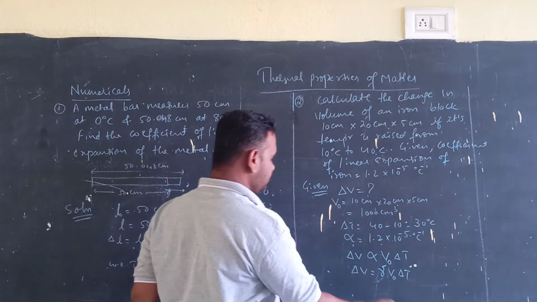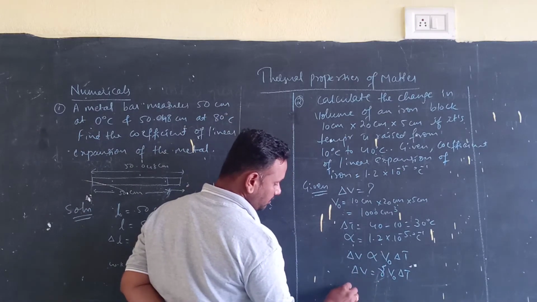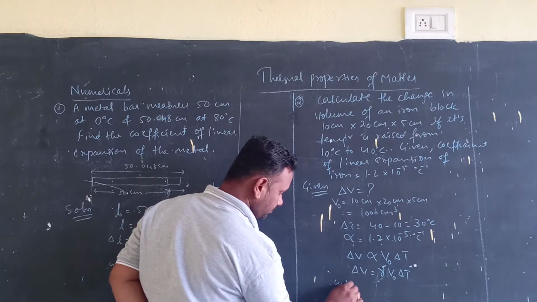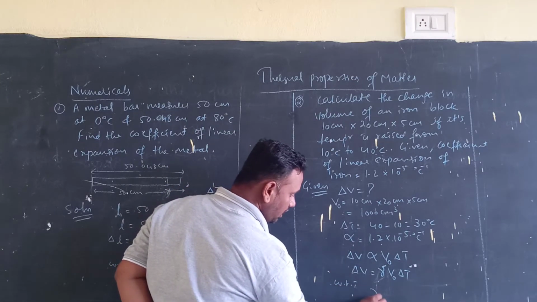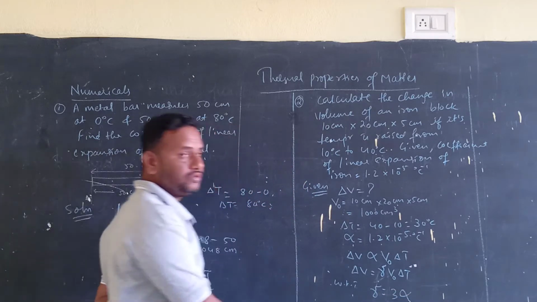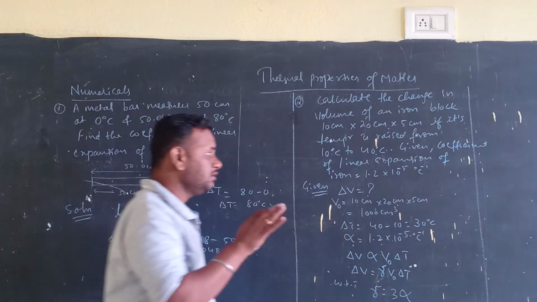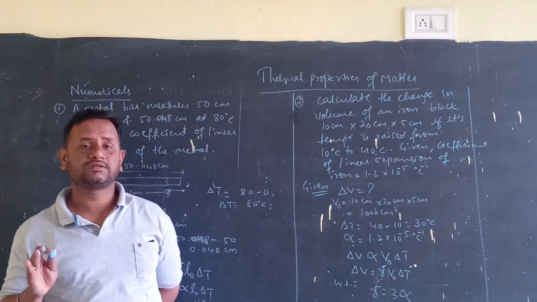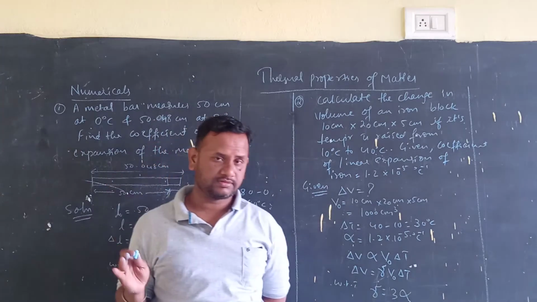So what is the coefficient of volume expansion here? As we know, gamma is equal to 3 times the coefficient of linear expansion, from the relation alpha is to beta is to gamma is equal to 1 is to 2 is to 3.